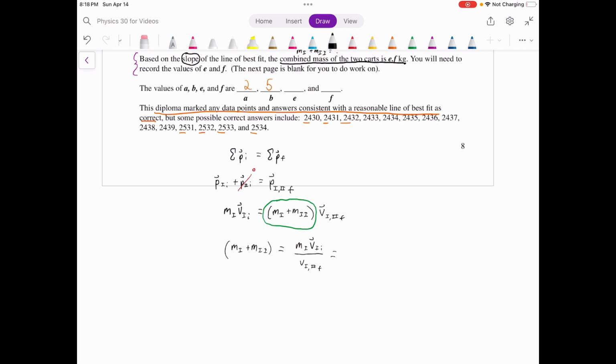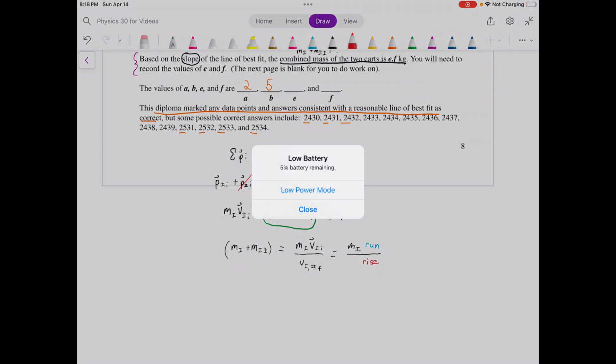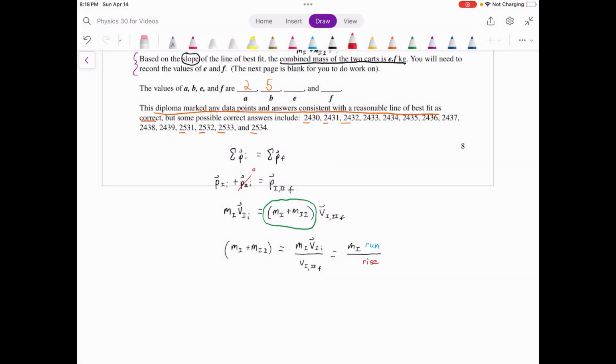It's mass 1, the mass of cart 1, times our run over our rise. Now that's still using the slope. We're still going to find the slope, but we're going to do 1 over it. Or we're still going to find rise and run, but we'll actually be dividing run by rise instead of rise by run. Do you see that? This is x and this is y, our x variable and our y variable.